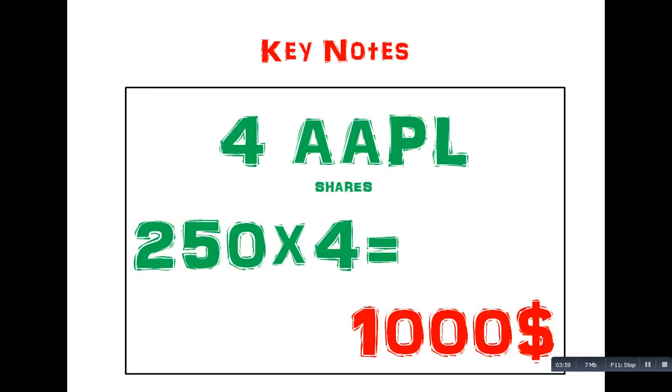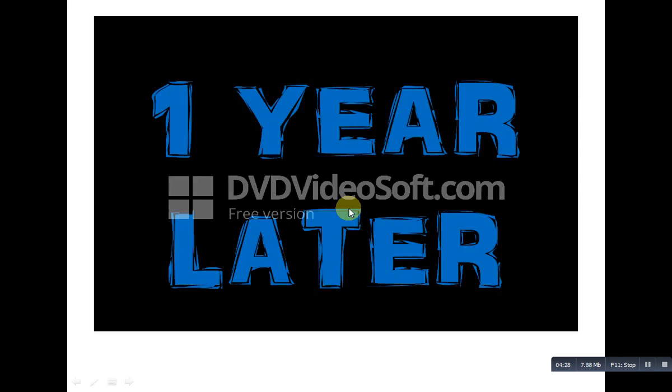Using your $1,000, you will be able to buy approximately four shares of Apple, assuming no commission is paid. Let's say the tool you are using is Robinhood or somebody who does not charge commission. So using $1,000 at $250 each, you will be able to buy four shares of Apple.